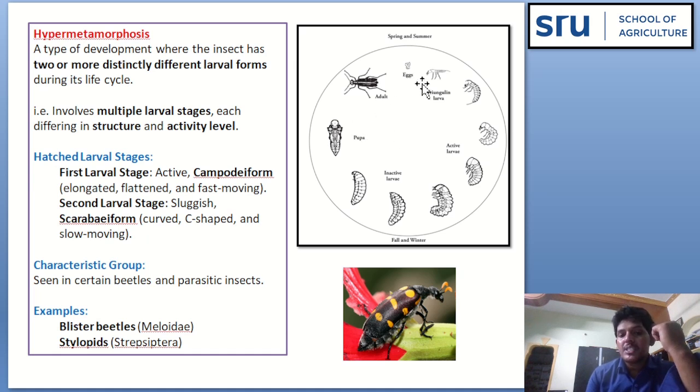The first larval stage is active, campodeiform, that is elongated, flattened and fast moving. The second larval stage is sluggish, curved, C-shaped and slow moving. This type of development is seen in certain beetles and parasitic insects. Examples are the blister beetles and stylopids.